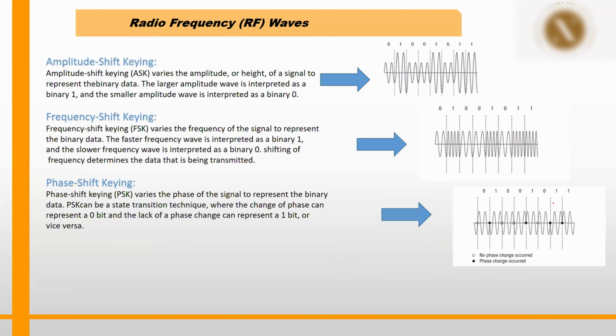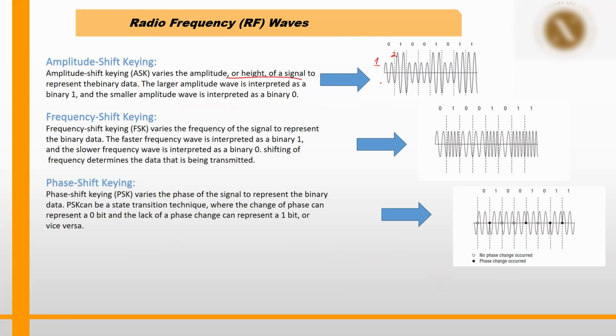So let's see how it will modulate now. If I modulate amplitude and interpret the data, that is amplitude shift keying. Amplitude shift keying varies the amplitude or height of a signal. If you see, there is a crest, a crest, a trough, and a crest. This part has one amplitude, maybe say one, and this has another amplitude, two.